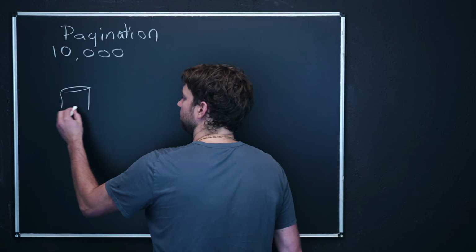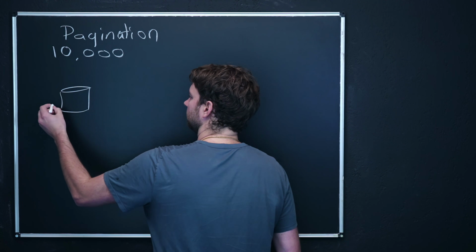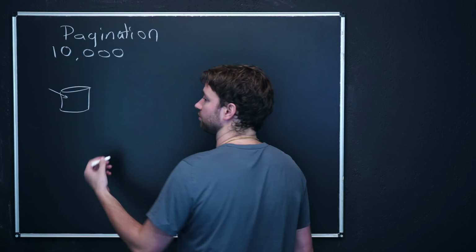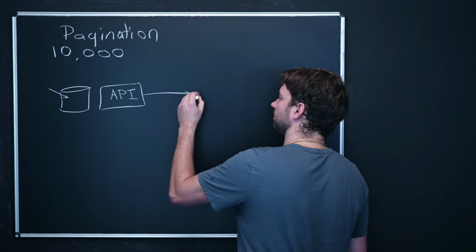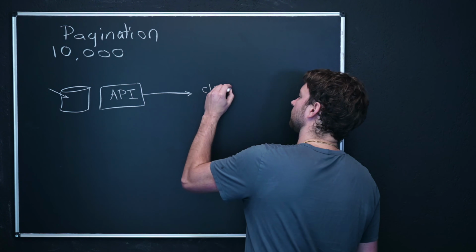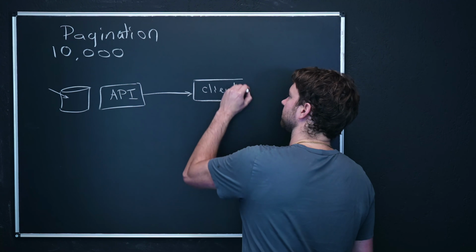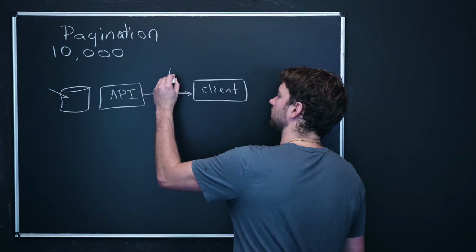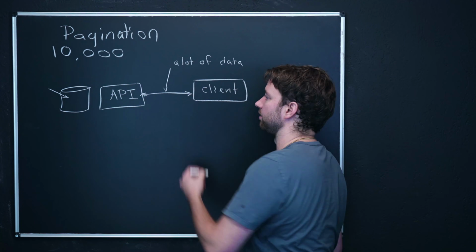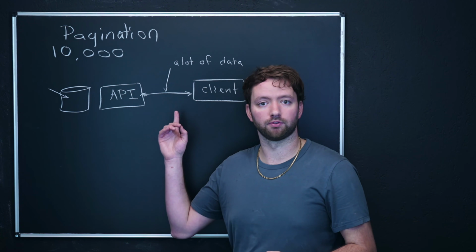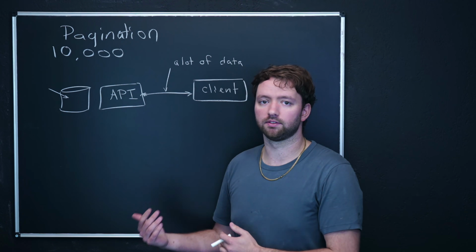Well, what this is going to do is, one, put a lot of effort on the database to retrieve all of that data. And two, when we send that over the line to the client, we have to send a lot of data. This is ultimately going to slow down the response from the API because the amount of data is so large.